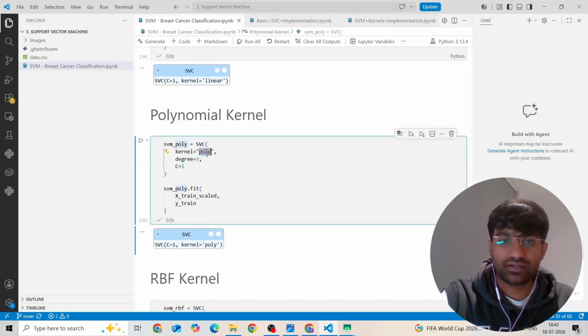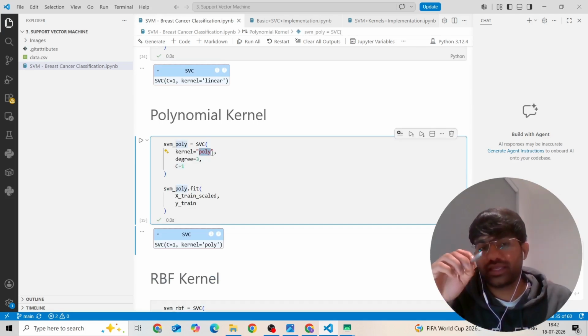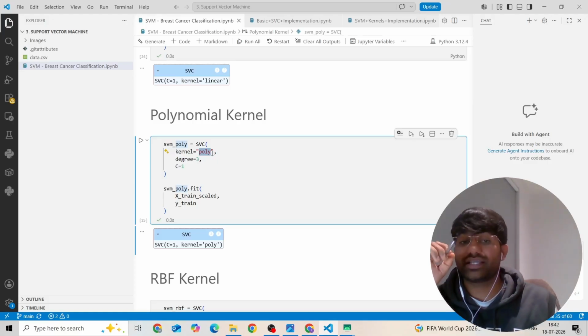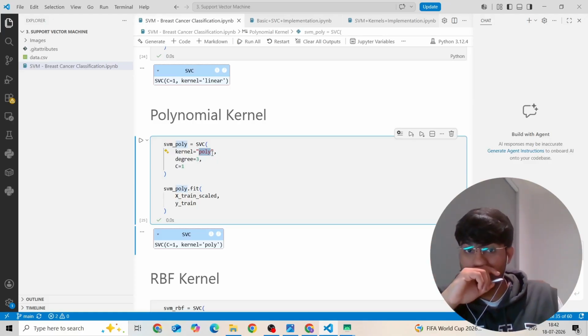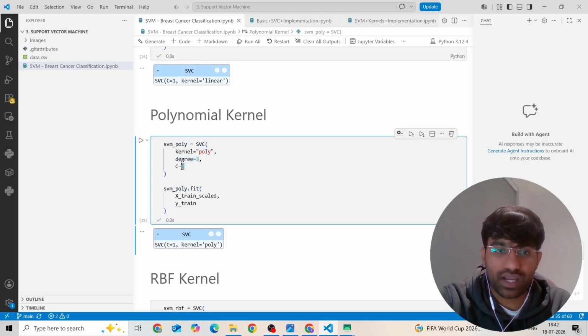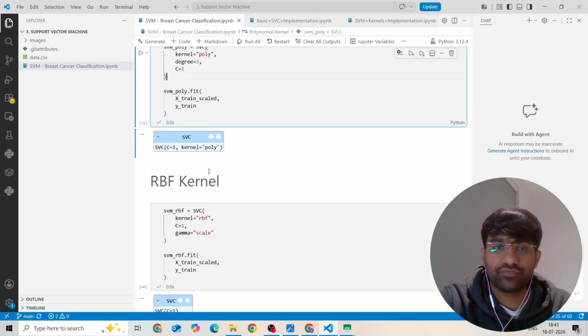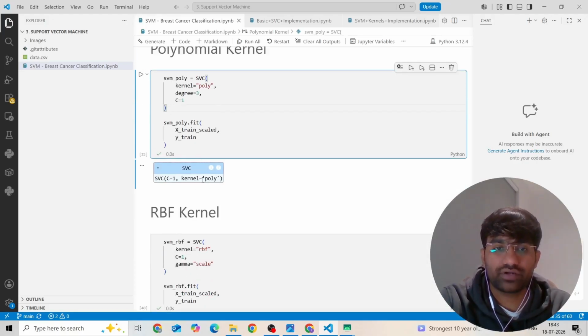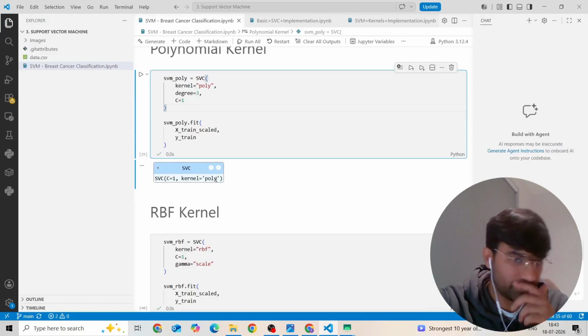See here, only the kernel name has changed to poly. And poly means degrees: x, x square, x cube, x4. What is your degree of polynomial? I have used the degree as 3, again kept C equal to 1, and trained my support vector classifier model.